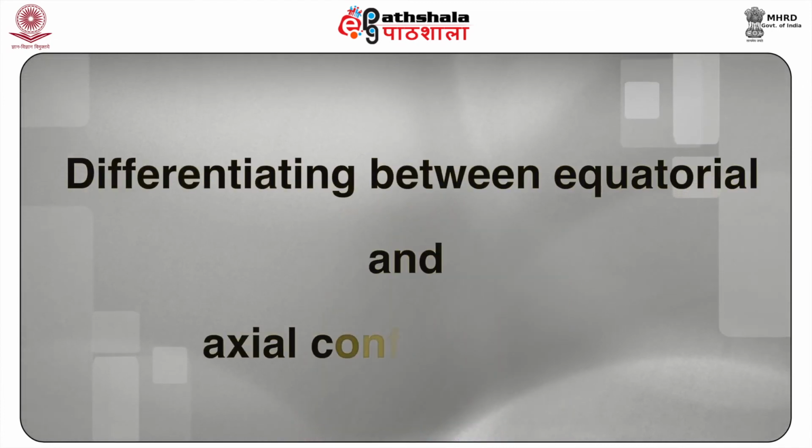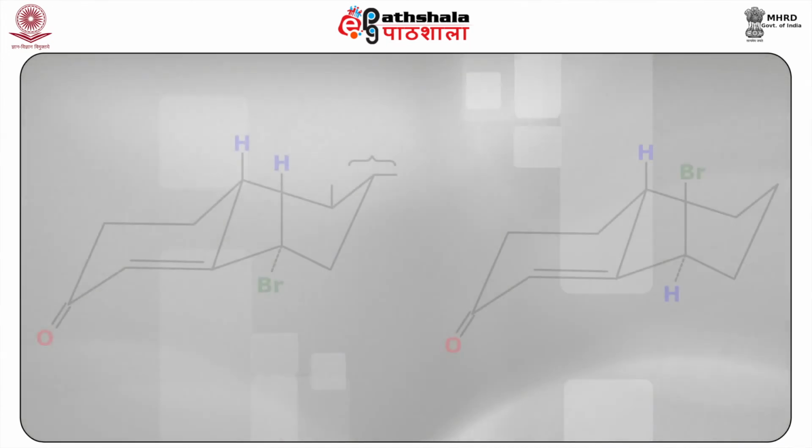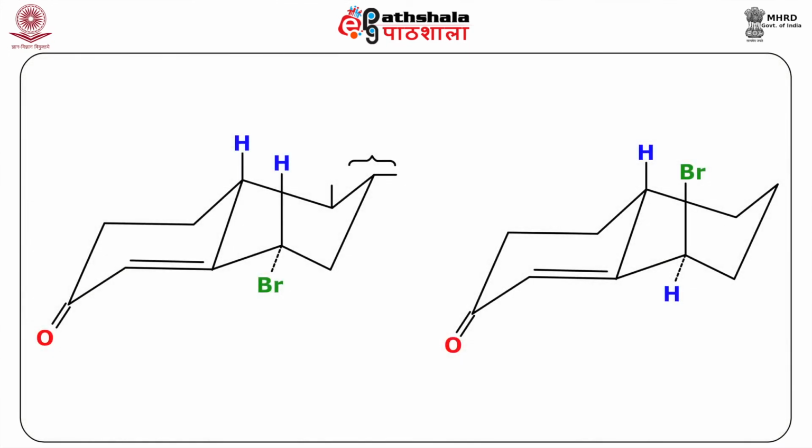Now coming to the next use of UV visible spectroscopy, the differentiation between the equatorial and axial conformations of various structures. The n to pi star transition, which comprises the R band, appears at a longer wavelength in alpha beta unsaturated ketones and is strongly influenced by the presence of a polar group in the gamma position.